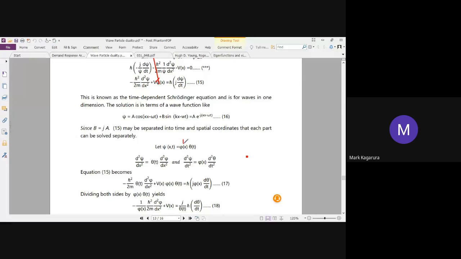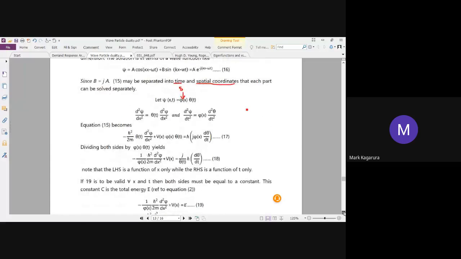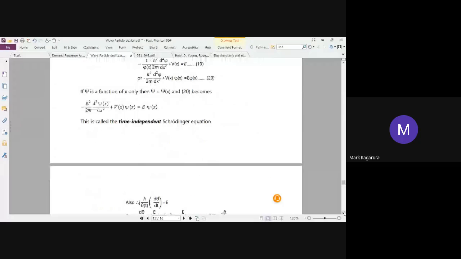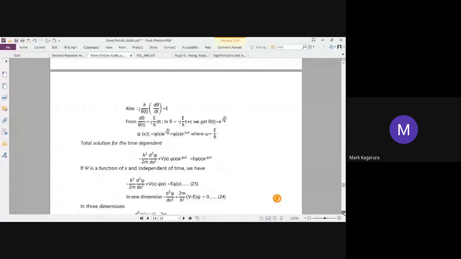We have the spatial coordinate and then the time coordinate. Once we separate these variables, we can differentiate them and then get the time dependent Schrodinger equation.